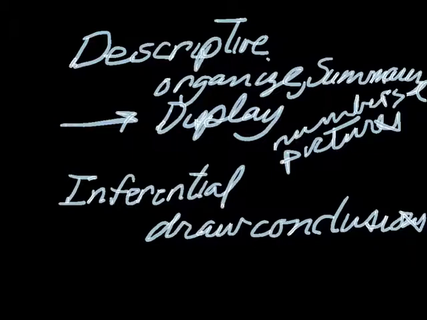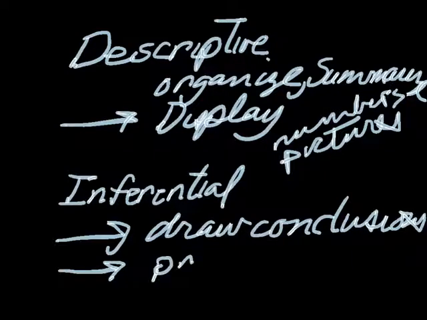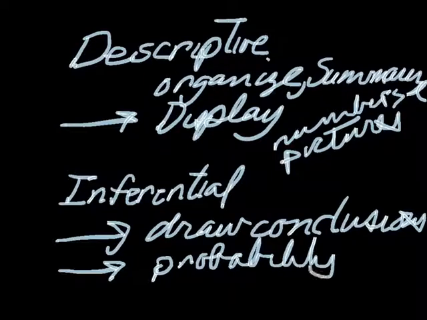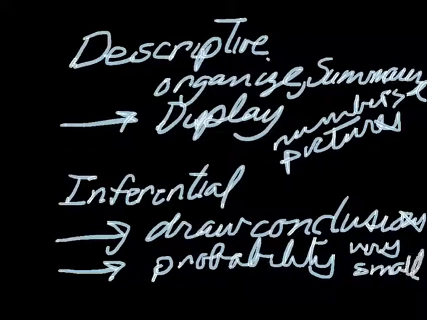And inferential statistics then draws conclusions using the things you found in descriptive statistics. This is where probability is going to help us make inferences, because it turns out very small probabilities have huge consequences in statistics. We'll talk about that more when we get there.